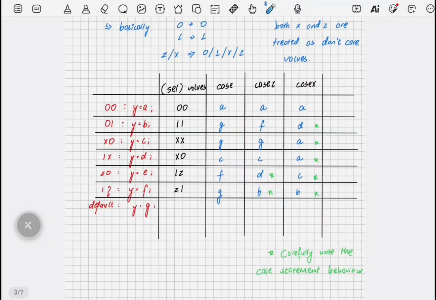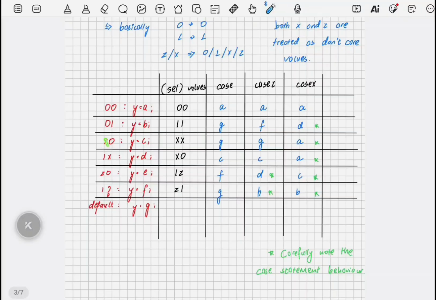So here let's start with the case statement. If the select value is 00, then in the case expression 00 maps to A, so the output will be A. Similarly, the next value is 11. Here in case, both of them 1 will be mapped to 1. Correct.